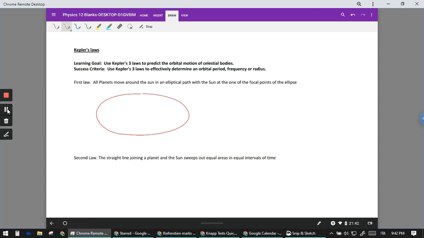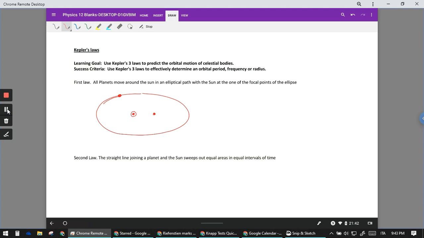An ellipse has basically 2 focal points, and the sun is in one of these, and the other location right there is empty. There's nothing there. And what ends up happening is the planet ends up moving around like that, okay?